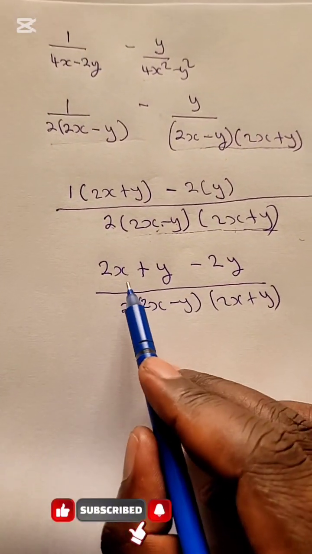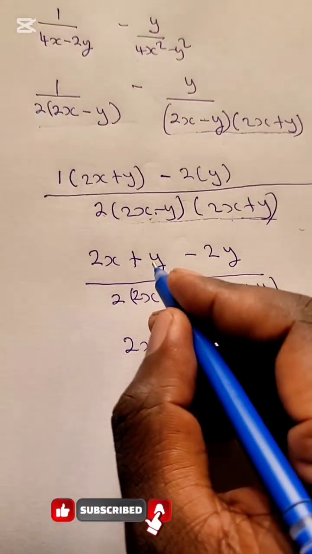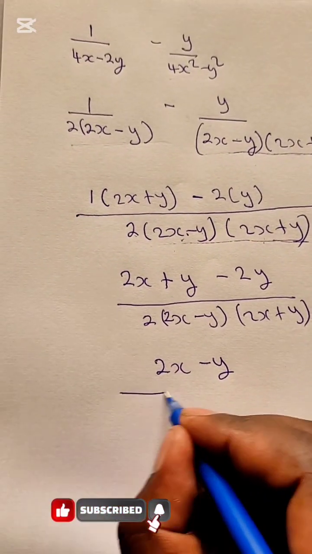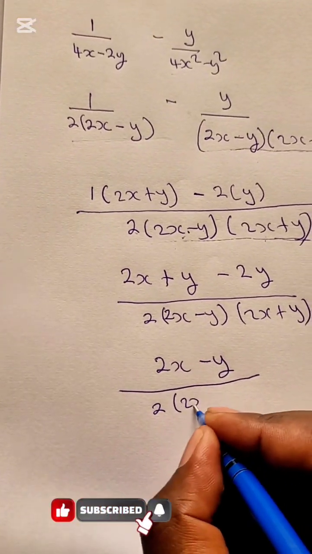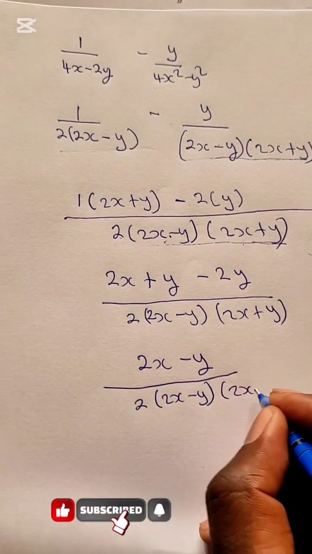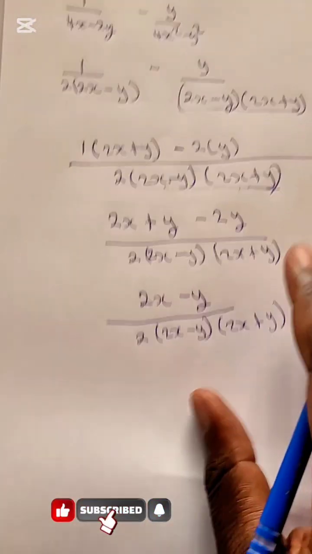Let's group all like terms. 2x, y minus 2y, that's minus y, all over 2, 2x minus y, then 2x plus y.